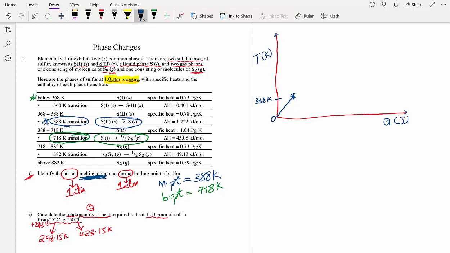And again, if you look at the table, if you now want to proceed from 368 Kelvin, sulfur will first transition from S1 form into the S2 form. At that point, we have a plateau. So this is S1 point. Now this is S2.